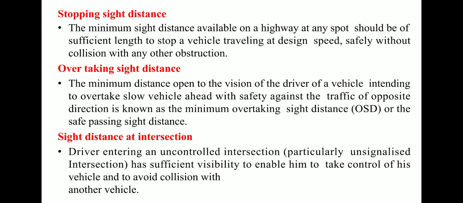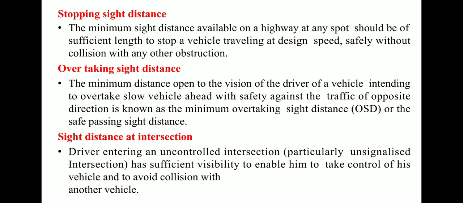Now, what is stopping sight distance? In short, stopping sight distance is the minimum sight distance available on a highway at any spot, of sufficient length to stop a vehicle traveling at the design speed safely without collision with any other obstruction.